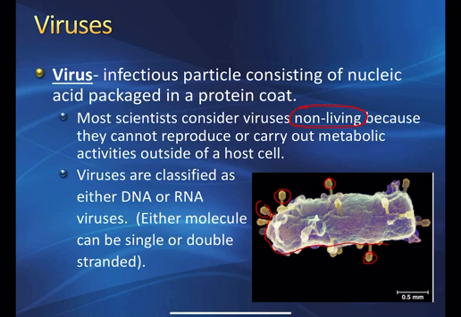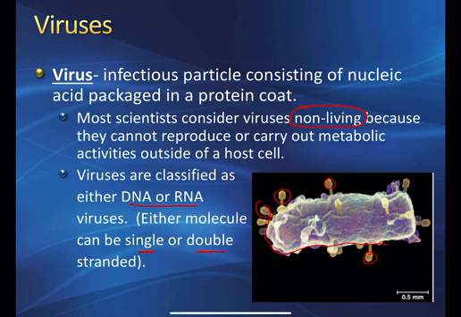So what viruses do is they inject their DNA or their RNA. Viruses can be classified as a DNA or RNA virus. And one thing that's kind of unique about this is they can have single-stranded DNA and double-stranded RNA. So typically we learn that DNA is double-stranded and RNA is single-stranded, but that rule doesn't really apply to viruses.